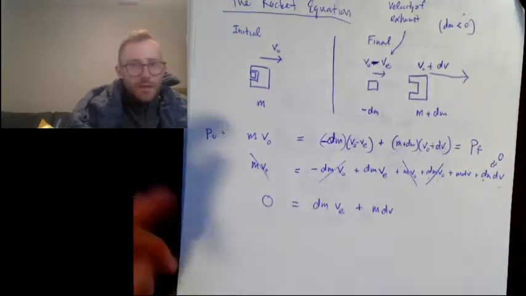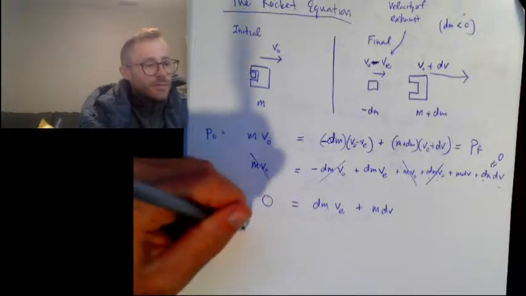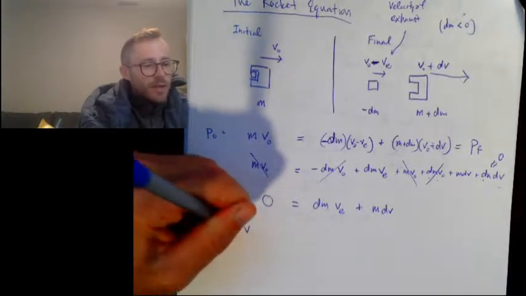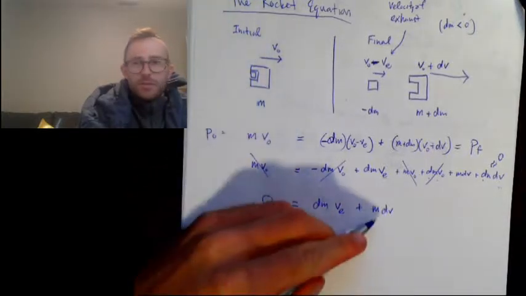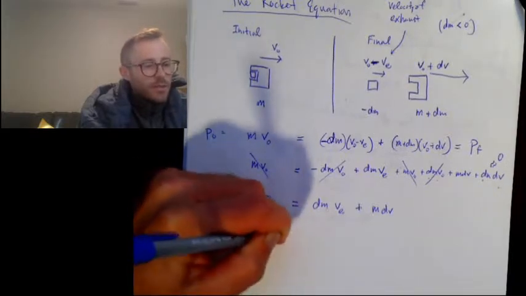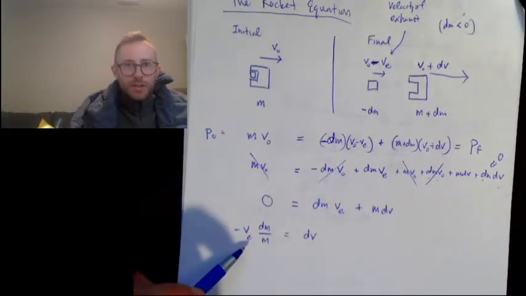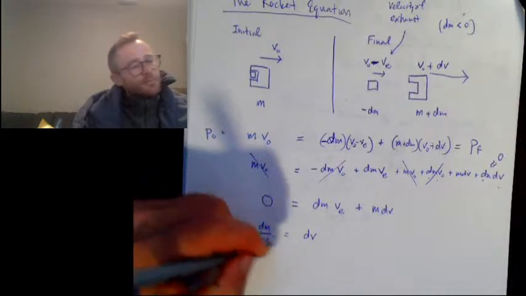All right. So now I'm going to subtract this over to the other side. So I have minus VE, and then I'm going to divide both sides by m. So I have minus VE dm over m equals dv. And remember, velocity of the exhaust is a constant.